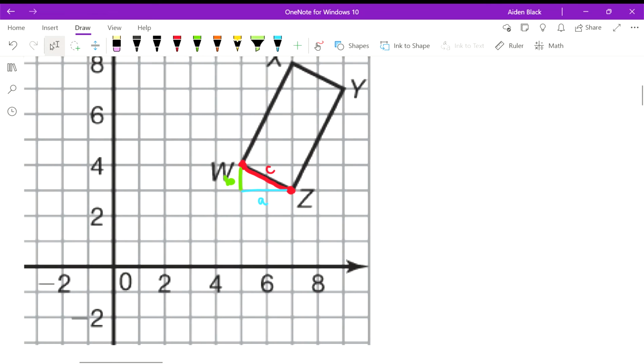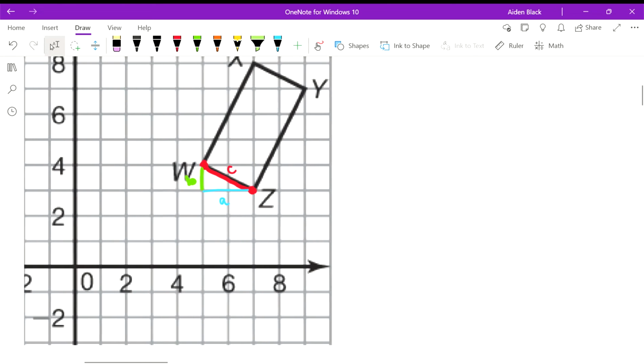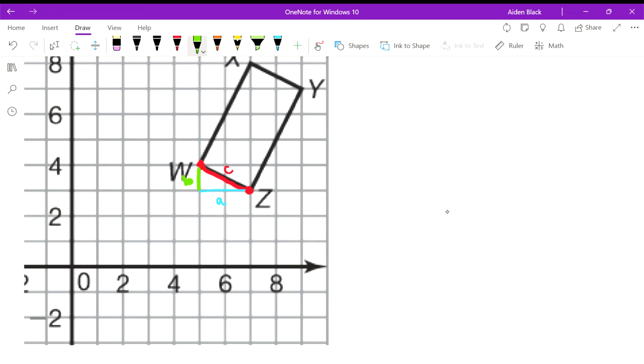Now you can count up A and B because they're on the grid. So for example, A is 2. I'm just going to write our equation here. A squared plus B squared equals C squared.